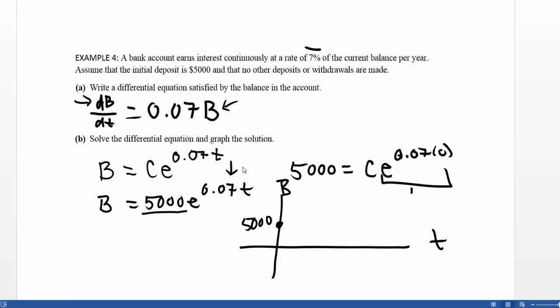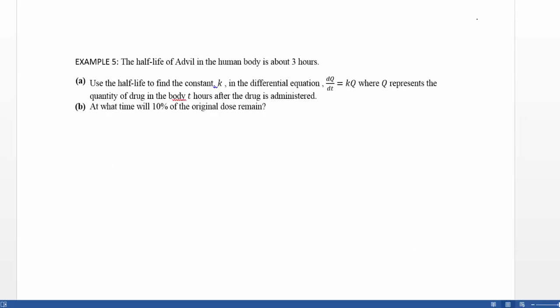Now, because k is positive and C is positive, this is going to be exponential growth. So that's going to grow over time, like we saw in those graphs earlier. So our general idea is going to look like this. We're going to start at 5,000 and we're going to go up and grow exponentially over time. Let's look at another example.